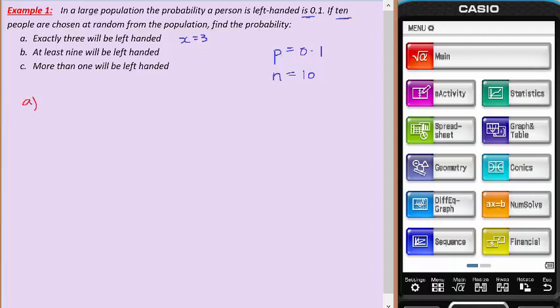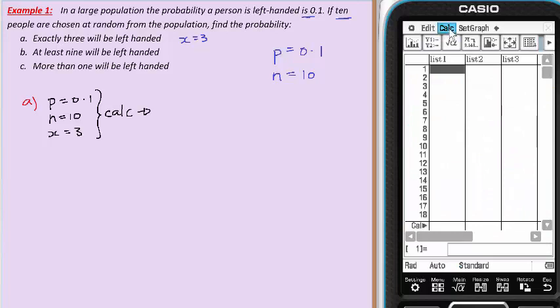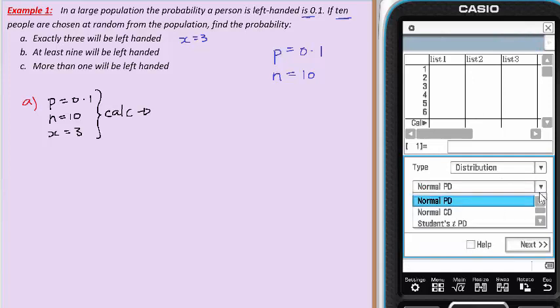Now if we need to show some working out, what I would show here is P equals 0.1, N equals 10, X equals 3, and then just write that you're doing it on the calculator. The way to do it on the calculator is we go to statistics, then calc, then distribution, and then we go down until we find binomial probability distribution.